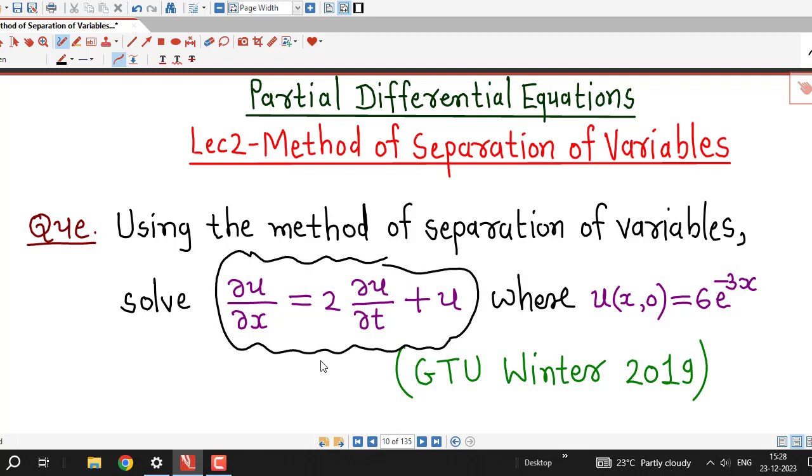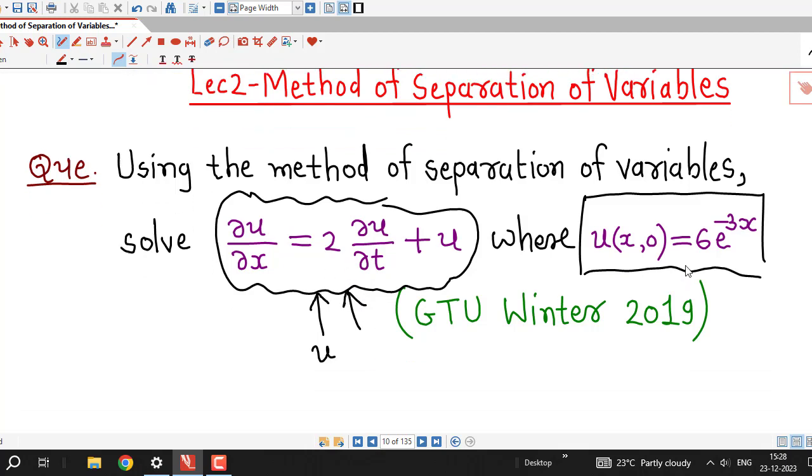Here we have to obtain the solution of this partial differential equation satisfying one condition. We are asked to find the solution of this first order partial differential equation which satisfies the condition u(x,0) = 6 e^(-3x).